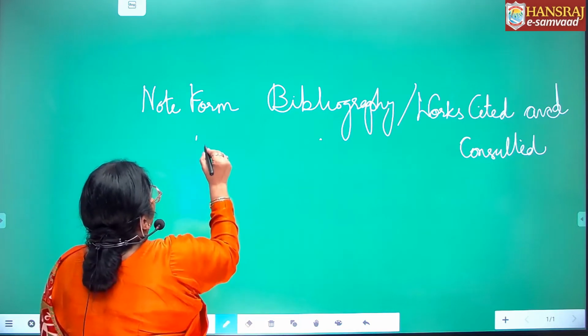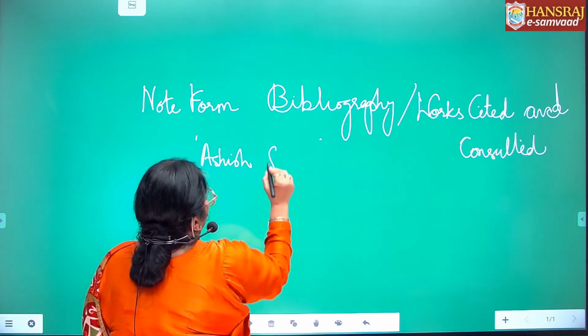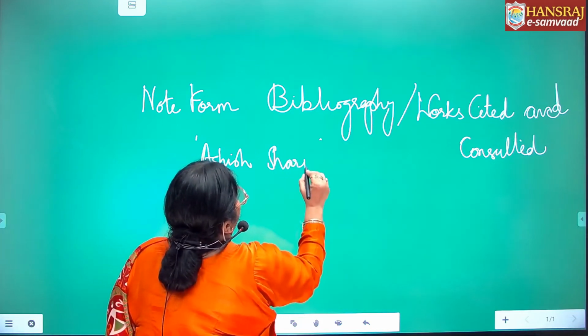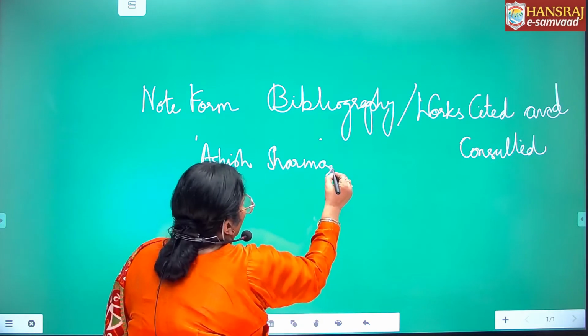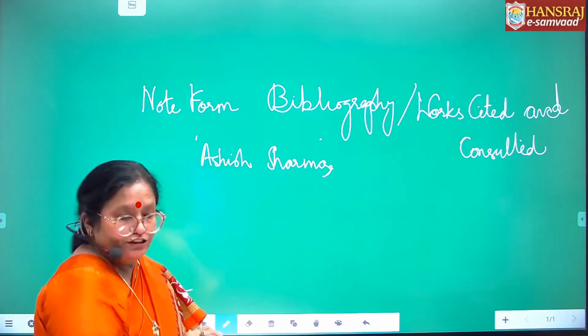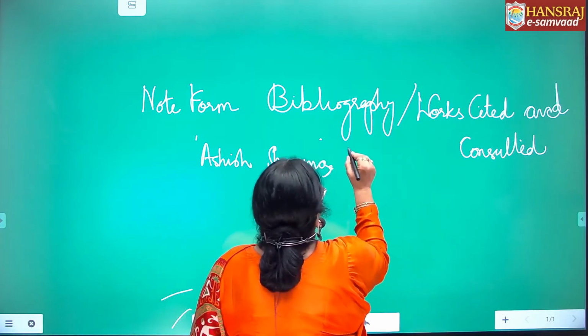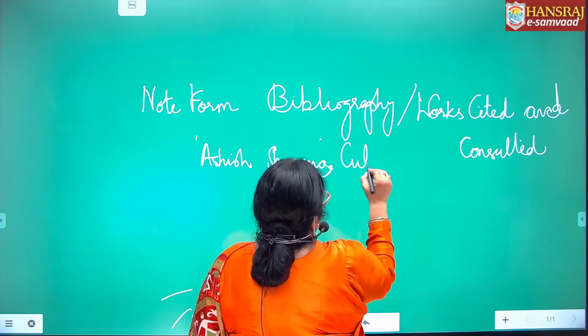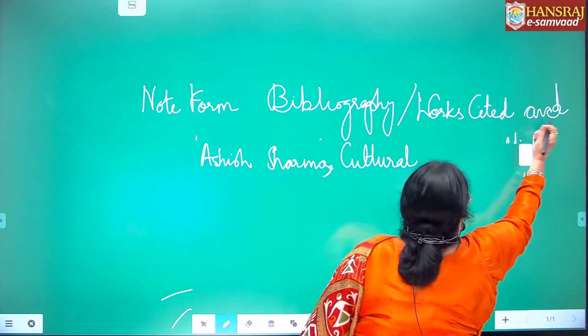So now I will say Ashish Sharma, he has written a text, let's say. So the name of the author in normal order, Ashish Sharma, and the name of the book is Cultural Connotations.